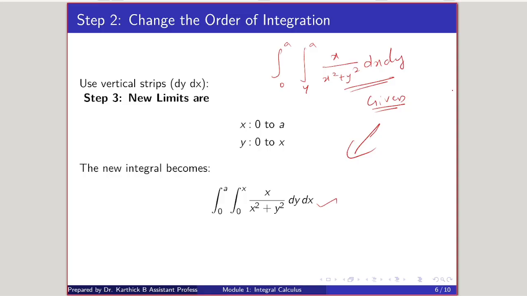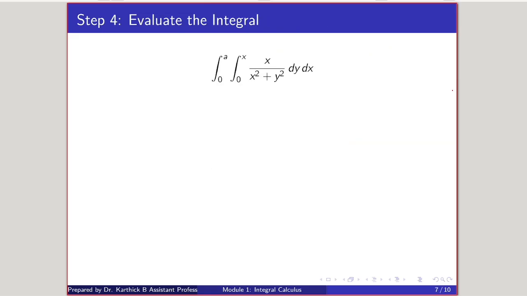The integrand function is the same. Now we have changed the order accordingly, and the limits are also changed. The y limit is from 0 to x and the x limit is from 0 to a. Then we want to do the usual procedure. We want to evaluate the double integral. So let's start with the usual thing.